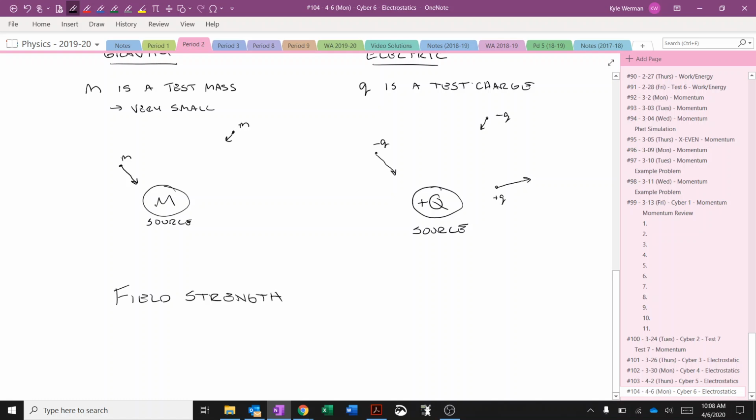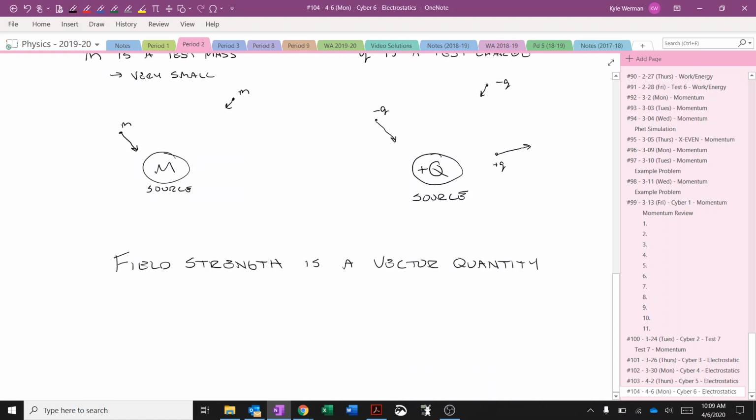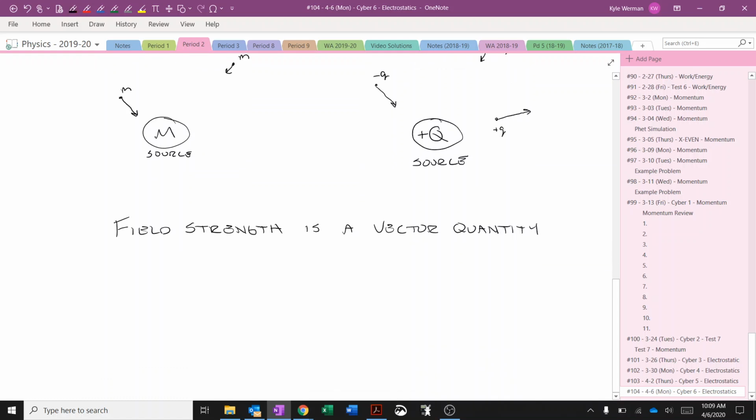Field strength, as we learned with gravity, is a vector quantity. It has both magnitude and direction, right?